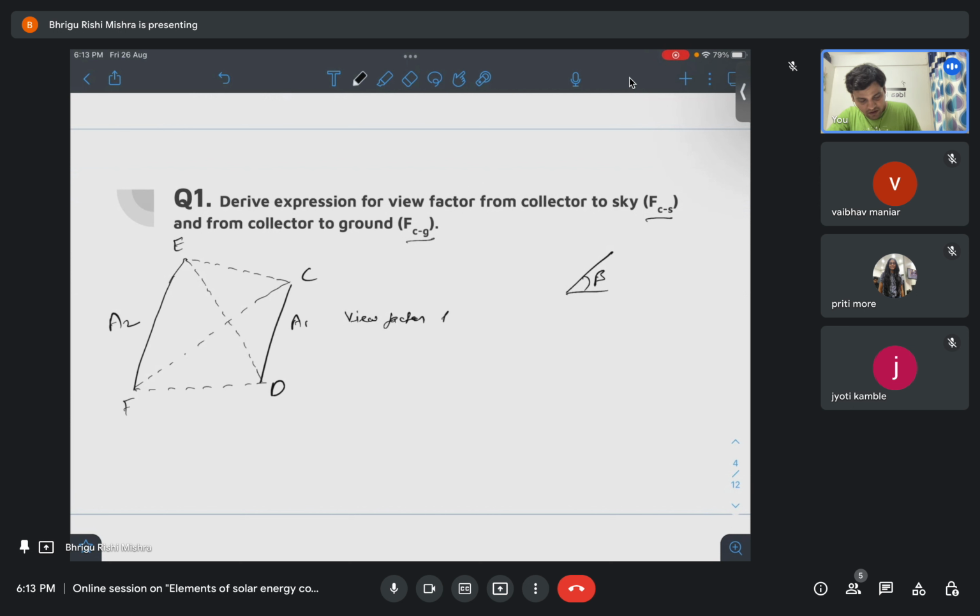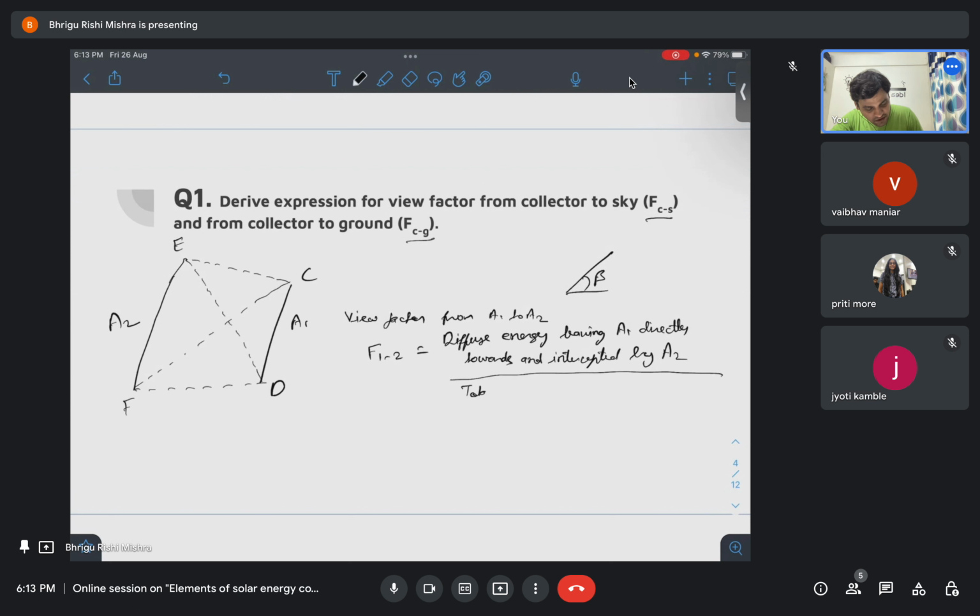Okay, so in terms of view factor, for example, the view factor from A1 to A2 denoted as F12 is nothing but the diffuse energy leaving A1 directly towards and intercepted by A2, meaning whatever A2 is collecting of the diffuse energy leaving from A1, divided by the total diffuse energy leaving A1.